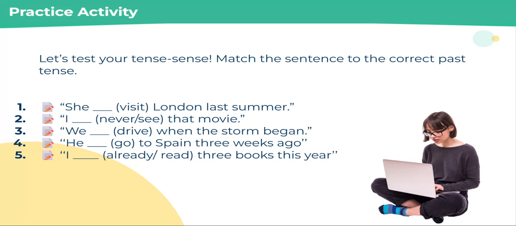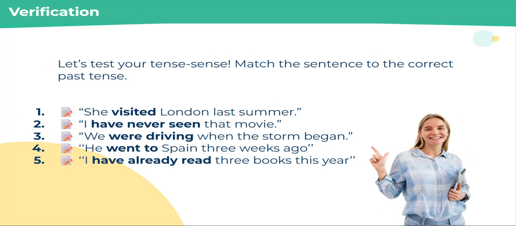Thank you so much. Exactly. I have already read 3 books this year. So to verify your answers: she visited, I have never seen, we were driving, he went, I have already read.